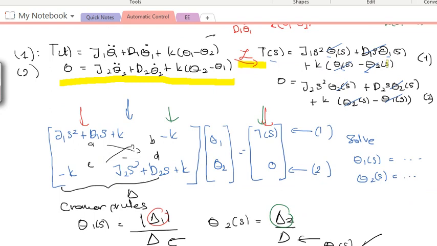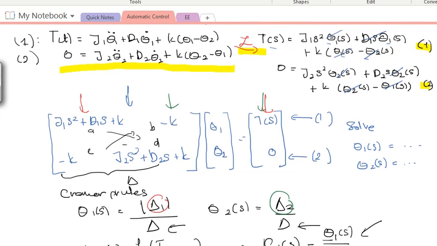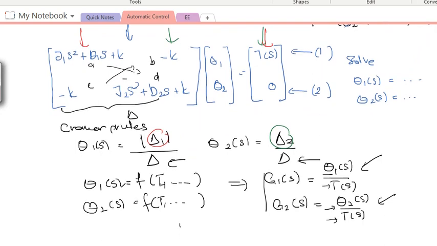If you have 2 degrees of freedom, it means you have 2 equations with 2 unknowns. The next thing you need to do is solve those equations to find what theta 1 equals and what theta 2 equals, and then at the end write the transfer functions G1s and G2s, which is the output theta 1 over the input T.